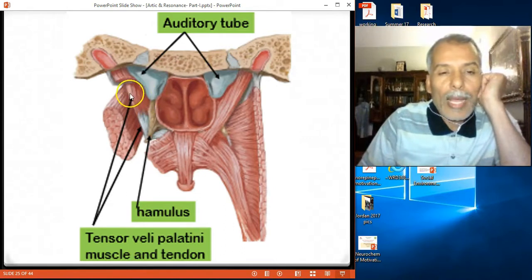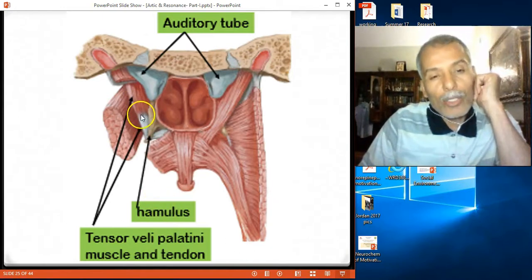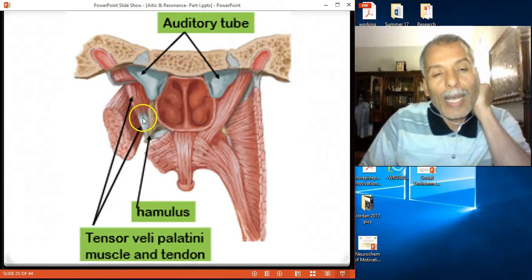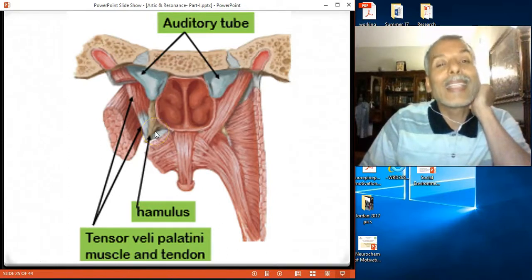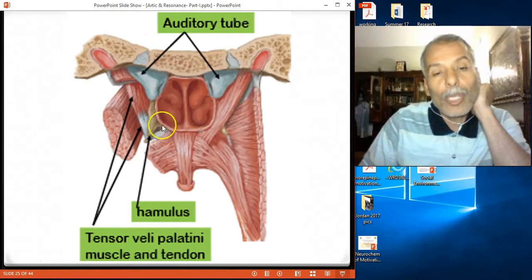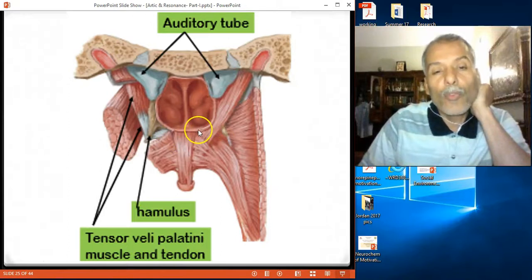Then, as it courses down, it comes close to a hamulus, a tip of bone that is part of another bone, and then it turns into a tendon, and it goes under the hamulus, and it shows up on the other side, still a tendon, and then it inserts onto the posterior margins of the palatine bone here. So this is the palatal aponeurosis that is formed by the tendon of the tensor veli palatini muscles.